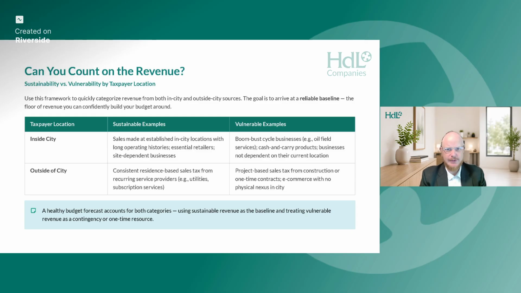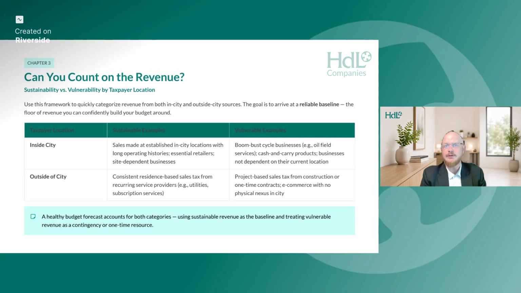So how do we put all this together? Well, this is our little matrix here. As you see, we talk about what types of examples we're looking for within city businesses being sustainable versus vulnerable, and then outside of city businesses being sustainable versus vulnerable. At the end of the day, again, what you want to do to the best of your ability is take your sales tax base, go through it at a taxpayer level, and start to group these businesses into these different categories.